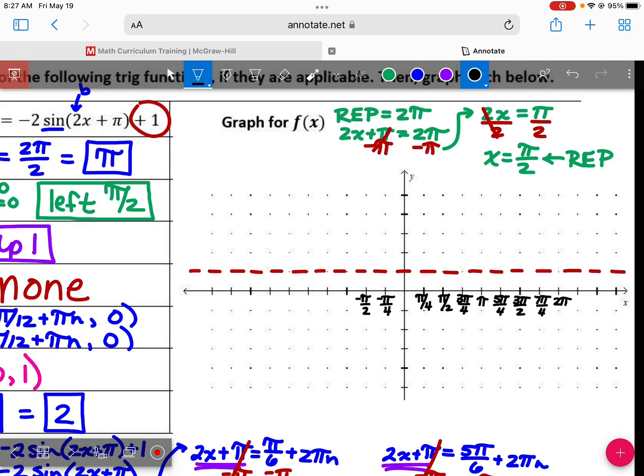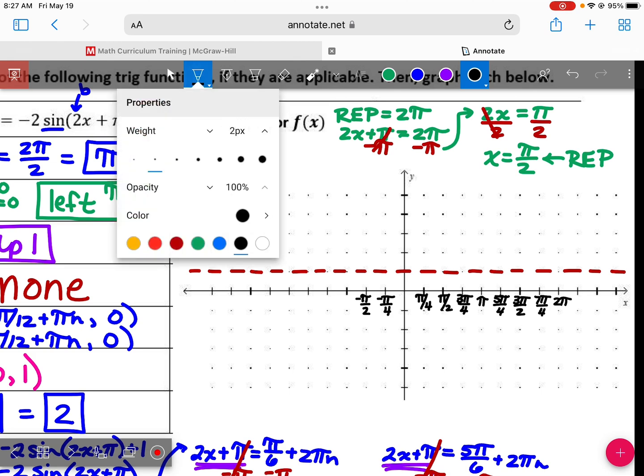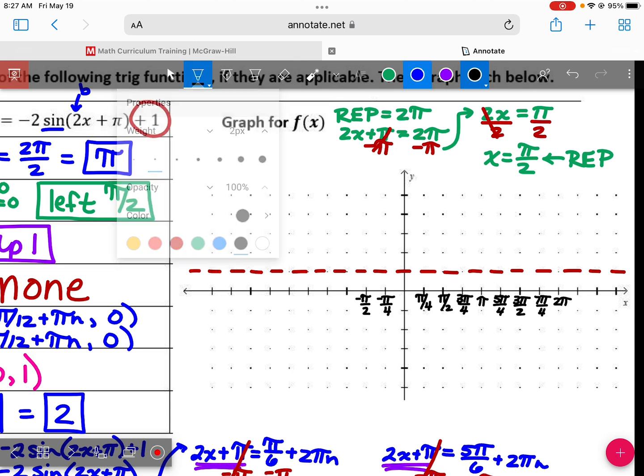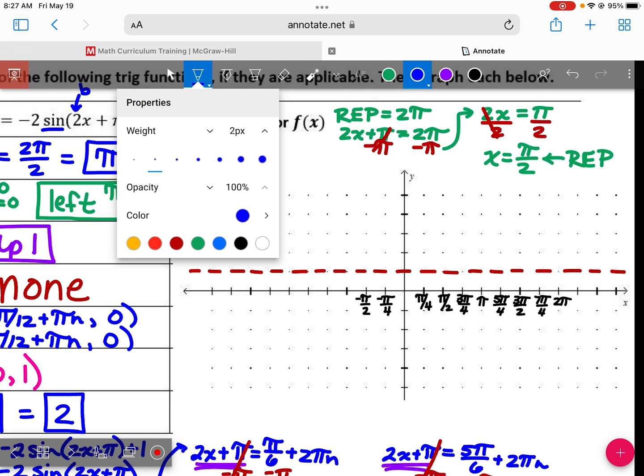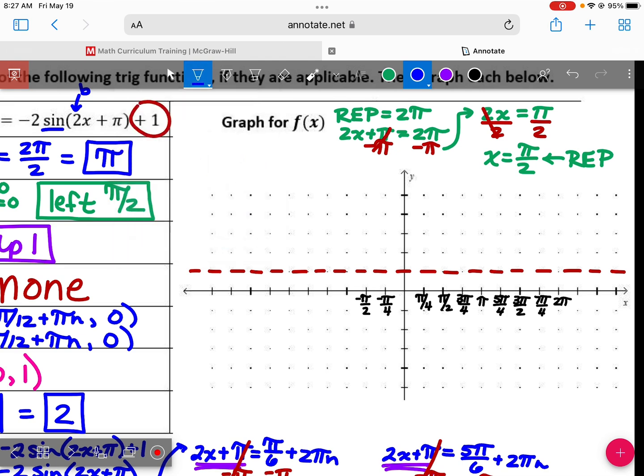How many full periods do we need to graph? 2 full periods. You have to graph 2 full periods here so that we can see the pattern repeat itself. We're going to see this pattern repeat itself here. All right. Sine starts at 0, and then we said because of the reflection, it's going to go down instead of up.